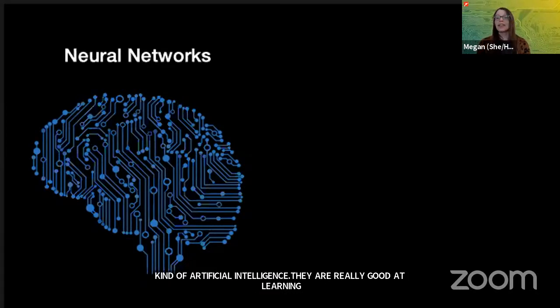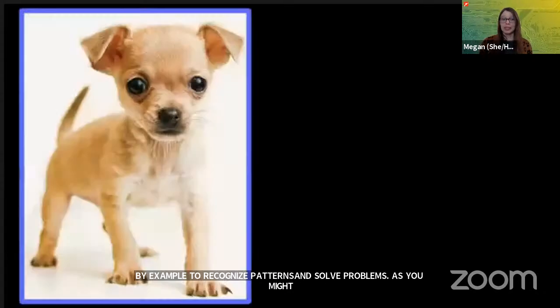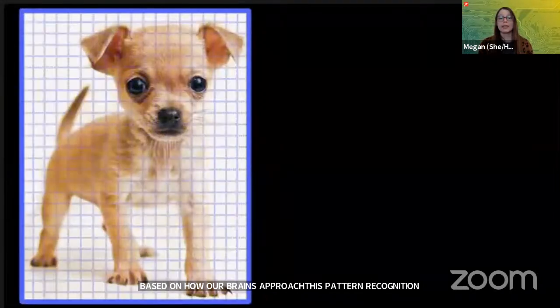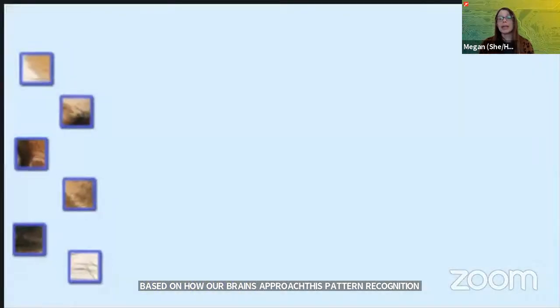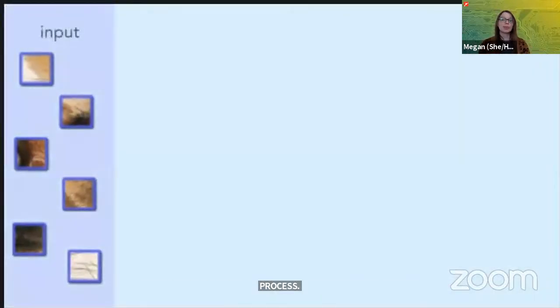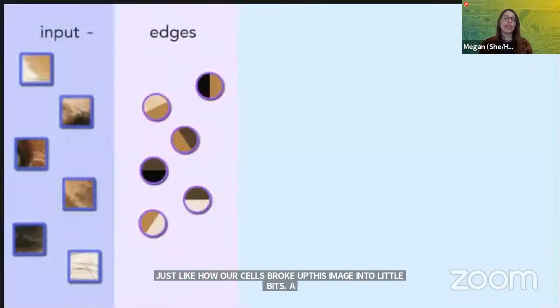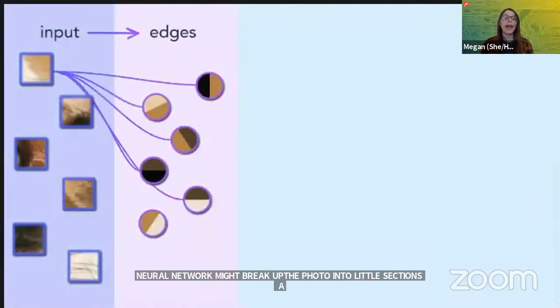So, just like how the cells in our eyes broke up the dog photo into little bits, a neural network might take the same dog photo and break it into little sections, just a few pixels at a time. And we'll zoom in on just a few, but imagine the computer is doing this for every single patch of pixels. And we can ask our computer to check this first group of pixels for edges.